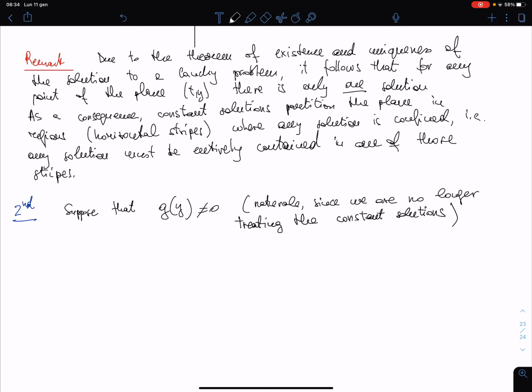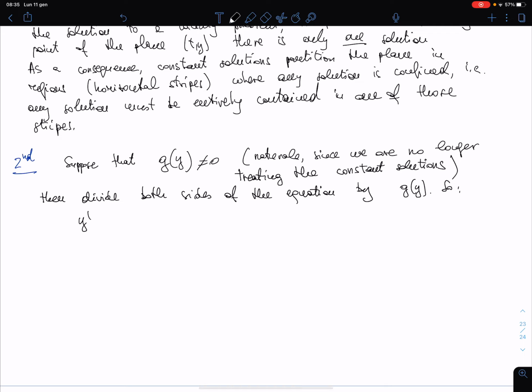Then divide both sides of the equation by g of y. So you have y prime divided by g of y is equal to h of t.